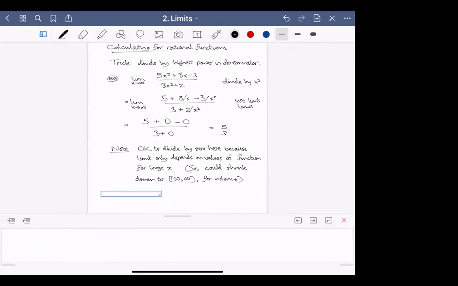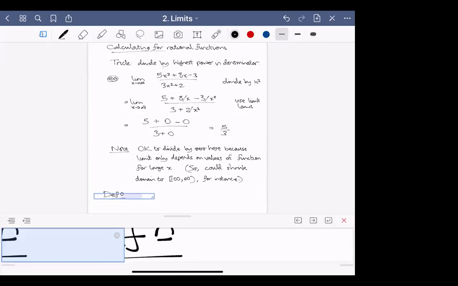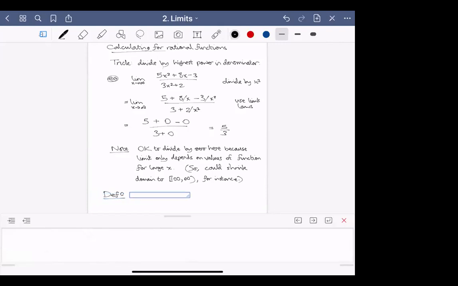Okay, so some terminology, which helps us to draw graphs also.